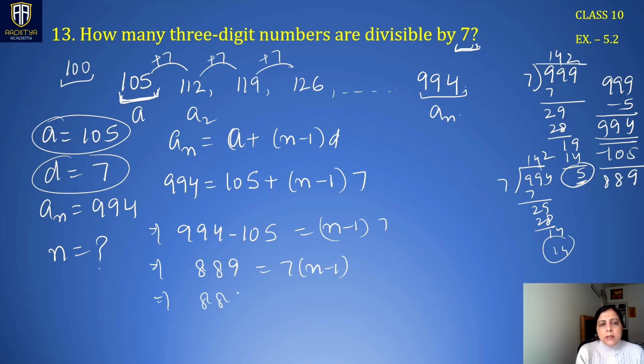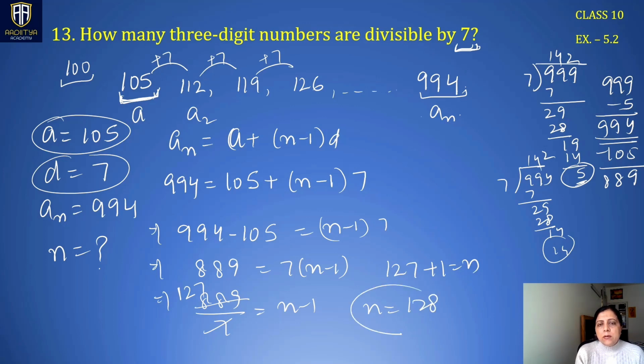So 889 divided by 7 is n minus 1. 7 ones are 7, 18, 7 twos are 14, 49, 7 sevens are 49. So 127 plus 1 is n. N is 128. That means this sequence consists of 128 numbers.